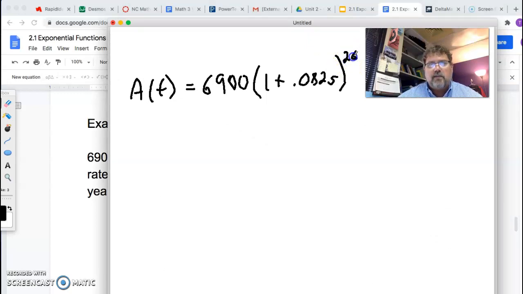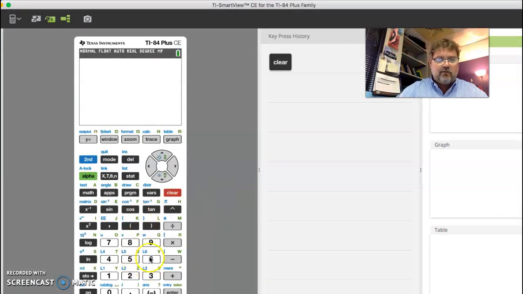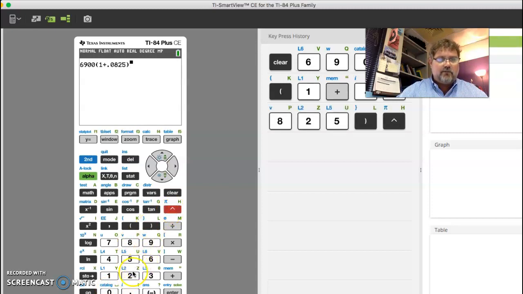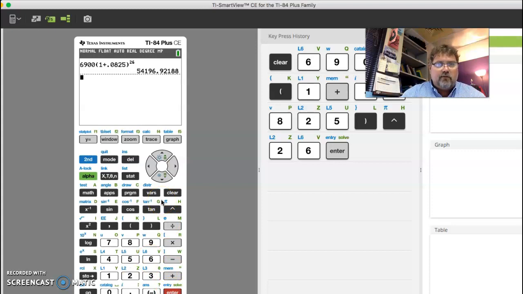And there's one little mistake I made here. This should be A of 26, really. Right, there should be a 26 for t. All right, so let's find the amount after 26 years. And look, when you do calculate this, just plug it into your TI-84. Desmos would do just fine too. And we're going to raise 1 plus 0.0825 to the 26th power, and we're going to get $54,196.92.